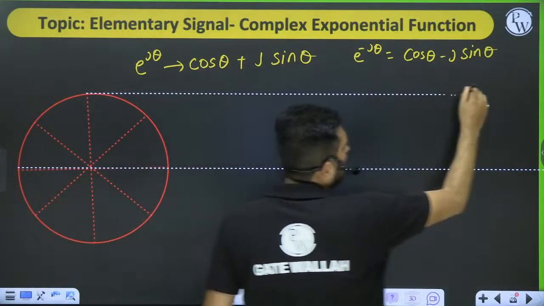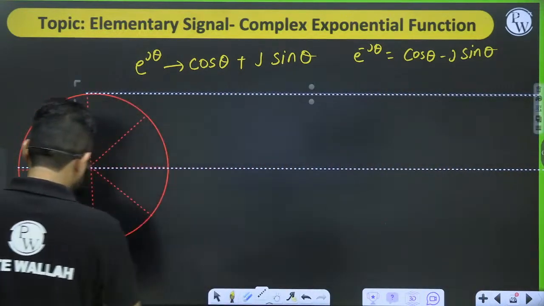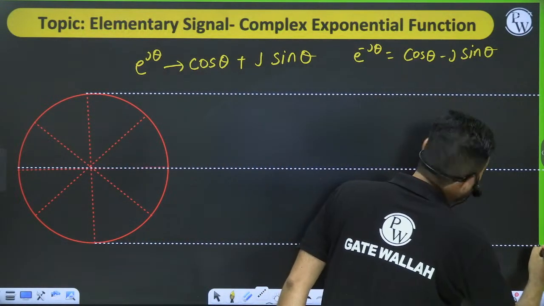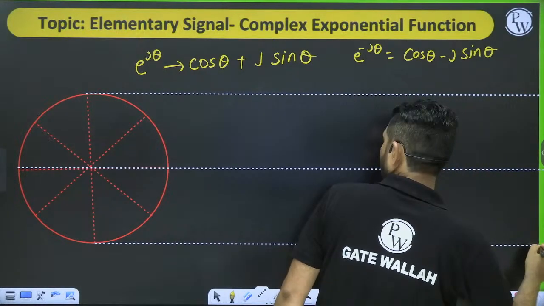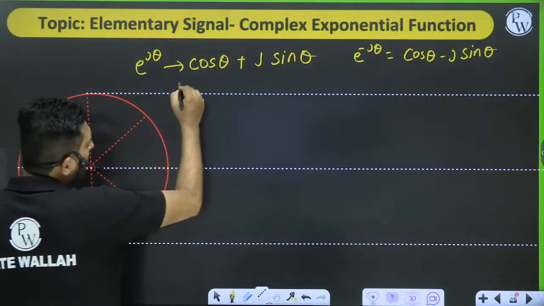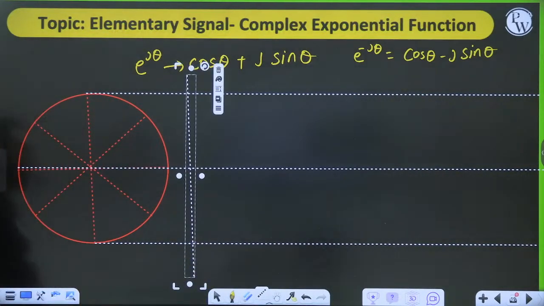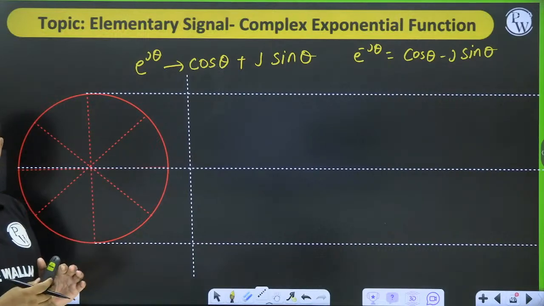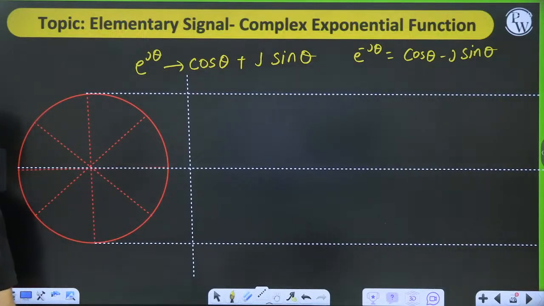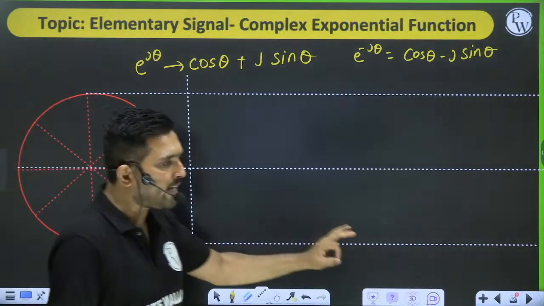One is this, and the other one is this. Then suppose this circular motion is projected into linear motion, then the whole thing can be made in this way.